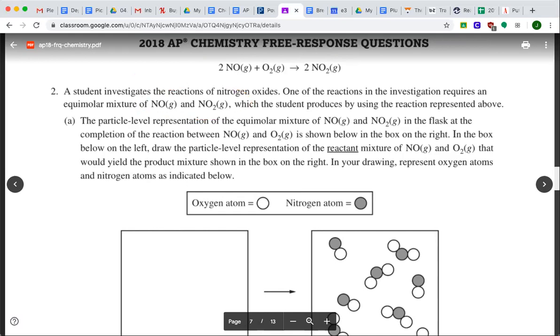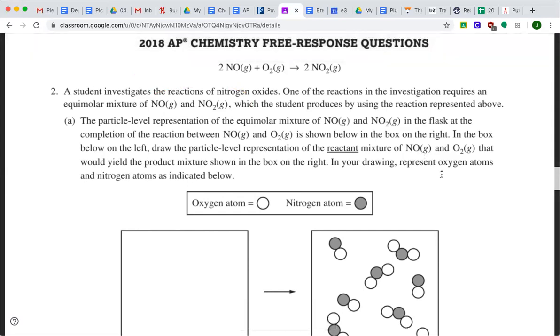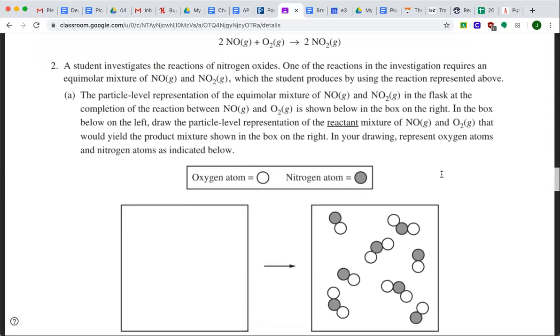The particle level representation of the equal molar mixture of NO gas and NO2 gas in the flask at the completion of the reaction between NO and O2 is shown below in the box on the right. In the box below on the left, draw the particle level representation of the reactant mixture of the NO gas and O2 gas that would yield the product mixture shown in the box on the right. In your drawing, represent oxygen atoms and nitrogen atoms as indicated below.